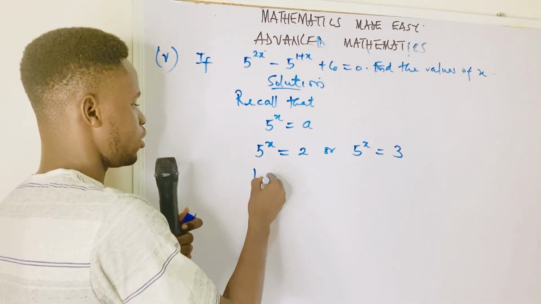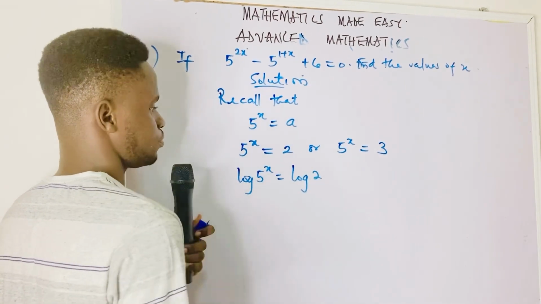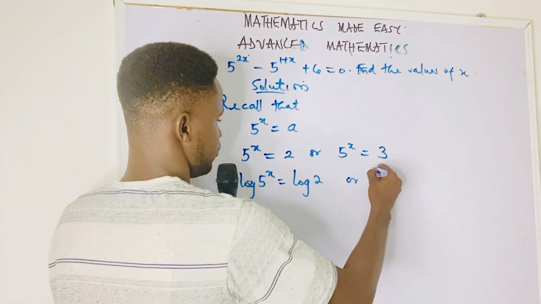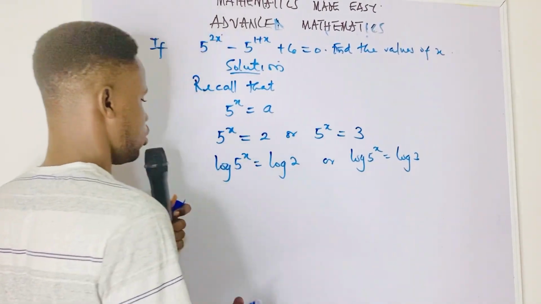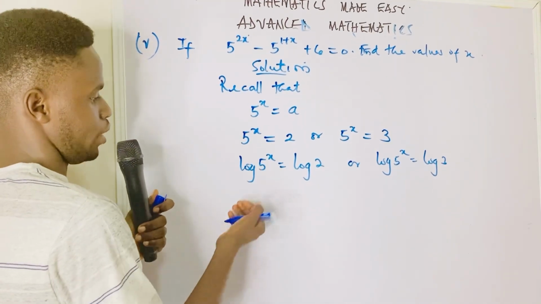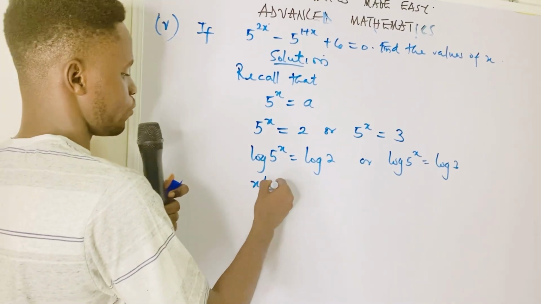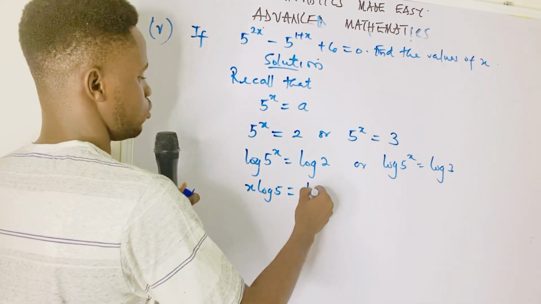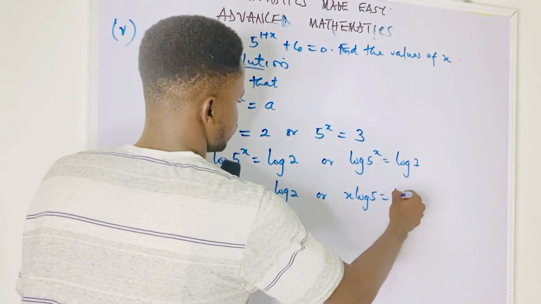So we have log 5 to the power x equals log 2. Similarly here we have log 5 to the power x equals log 3. So in logarithm, the power of a number always comes to the front. If you have an expression like this, we have x log 5 equals log 2, or x log 5 equals log 3.